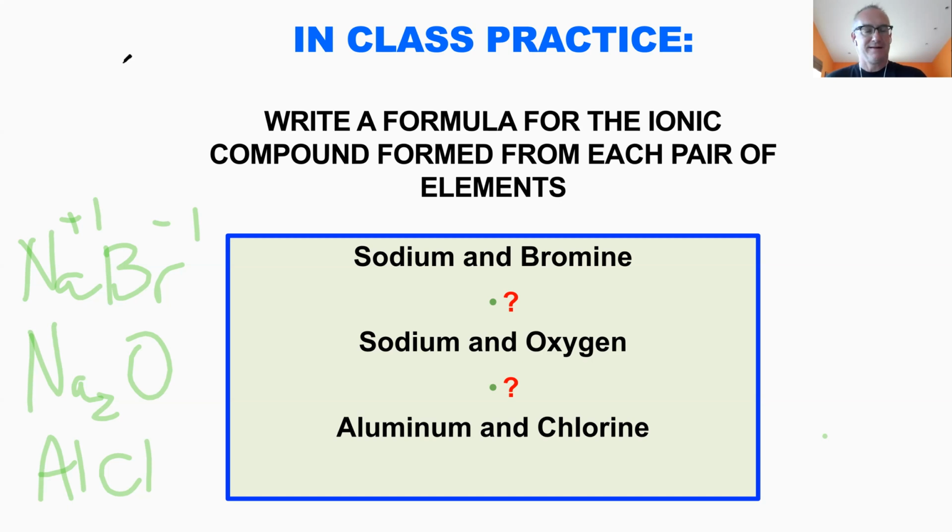What's the charge on aluminum? It's +3. So how many chloride ions would I need to balance that out? I'd need 3. Exactly. Don't apologize. We're here to learn. So yes, AlCl3, and what will we call that? Aluminum chloride.